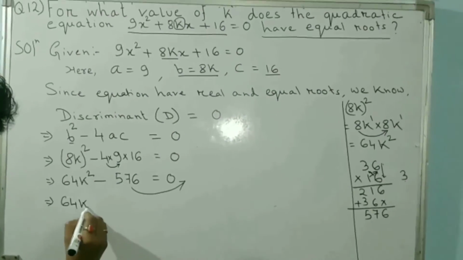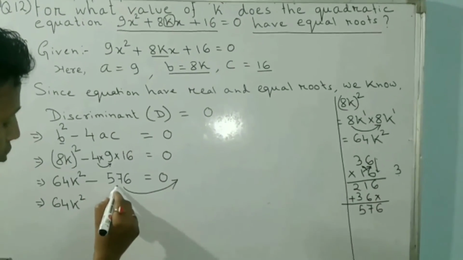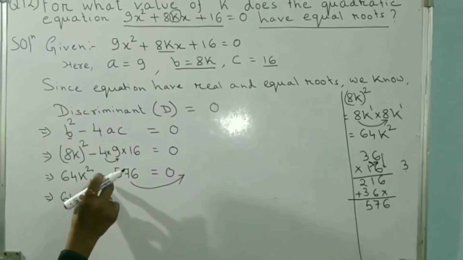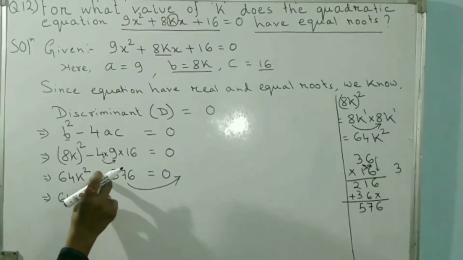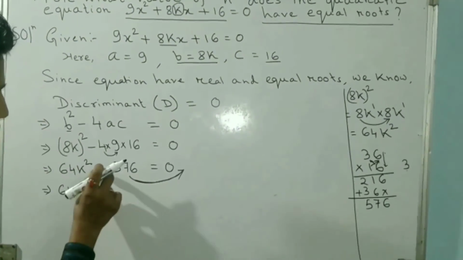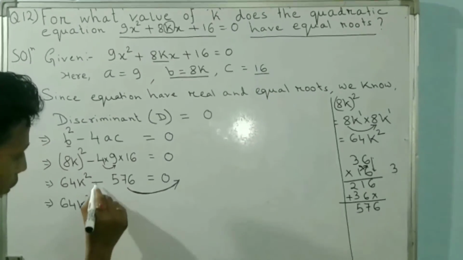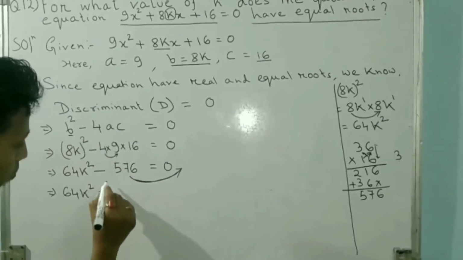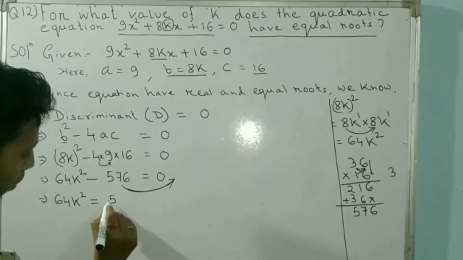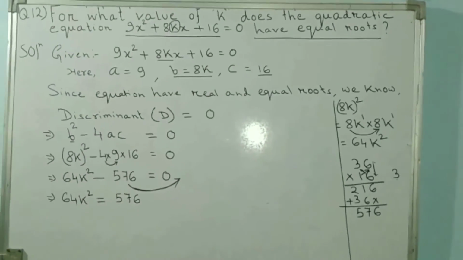64k square. Now when you shift a number from the left side of an equation to the right side, the sign changes. Here we have a minus sign. When you take this to the right side, the minus sign changes to plus, so minus 576 becomes plus 576.